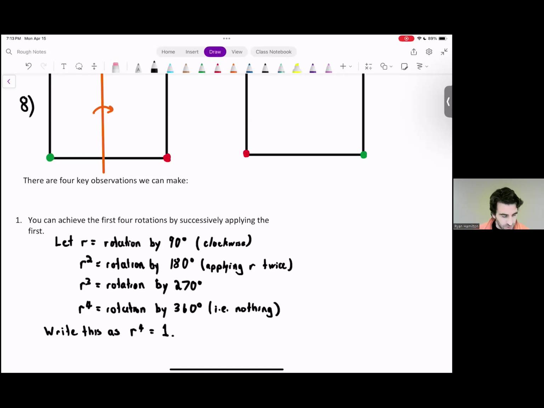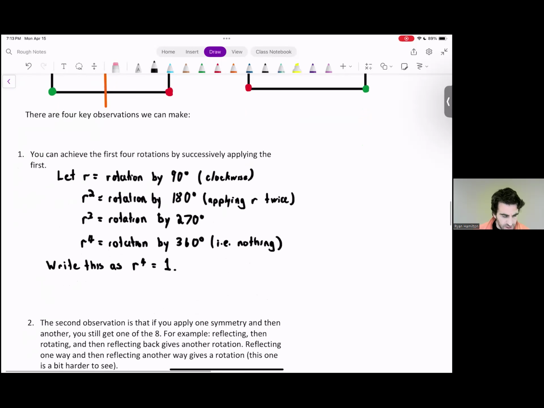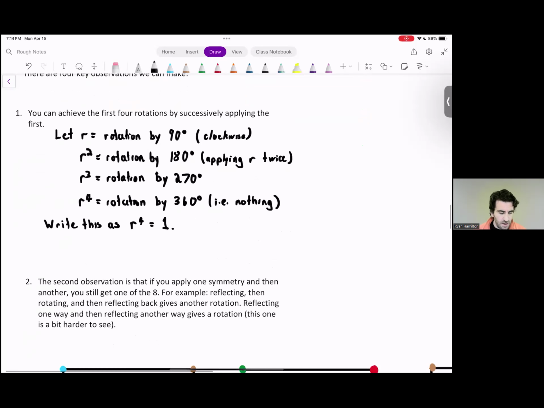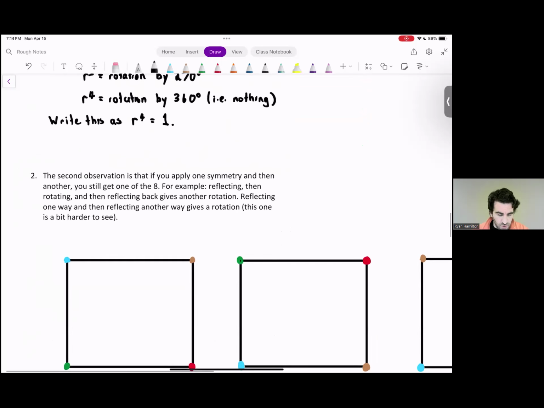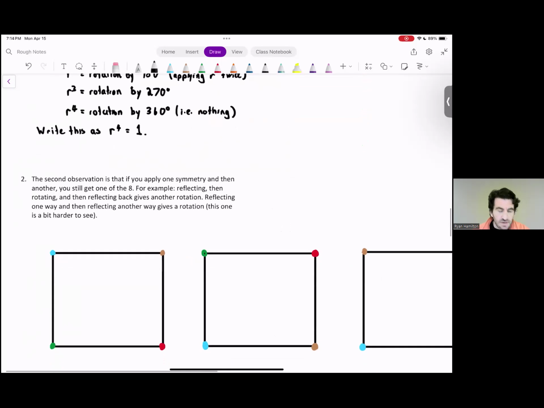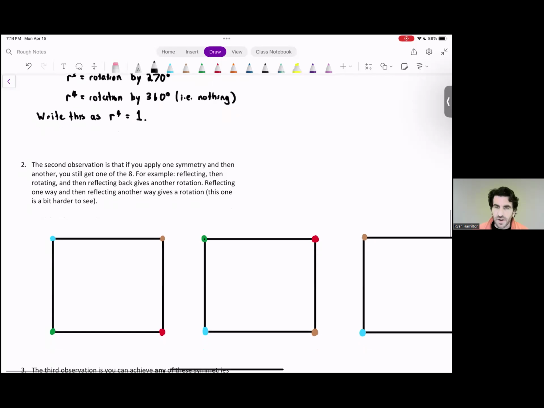What about the reflections? Well, this can get a little bit more complicated. So I'll do this with a single example. If you take any 2 of these 8 symmetries and you do one and then the other, doesn't matter which 2 you pick, you will always get one of the original 8. So to show you an example of this, I have a sequence of 2 reflections.